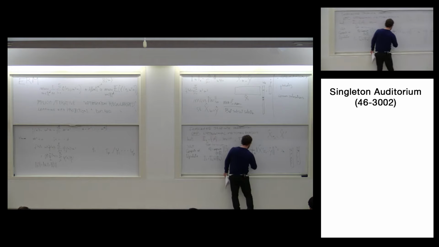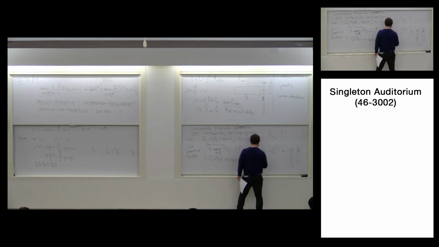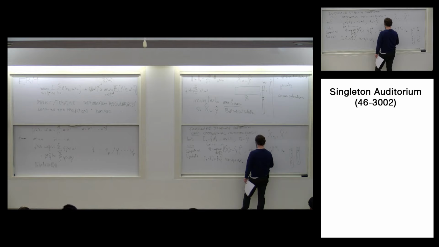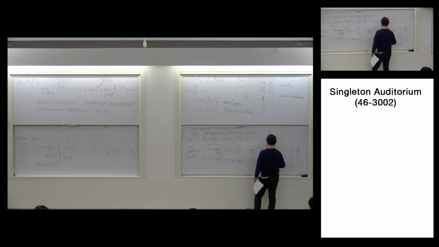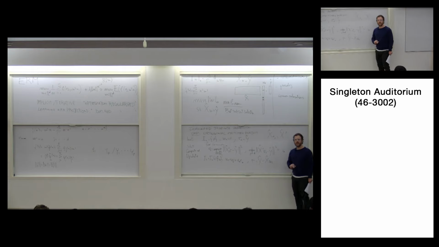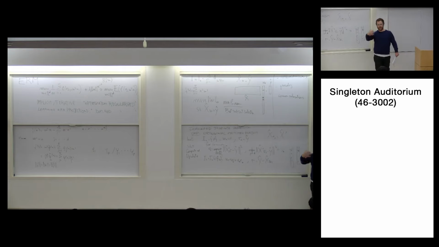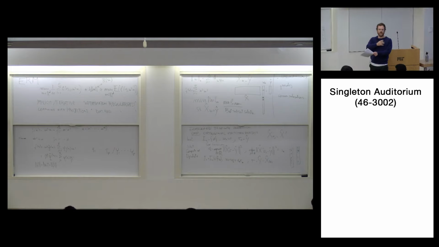Then what do you do? You define the residual to be y minus, okay? This is how you define the residual. You found what you get at that point, and you subtract it, okay?